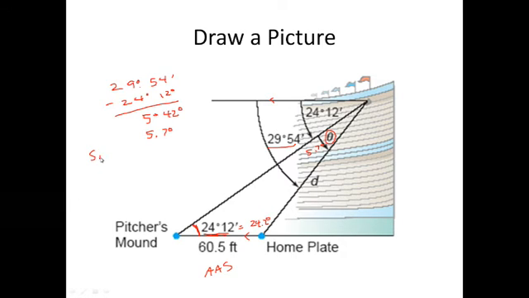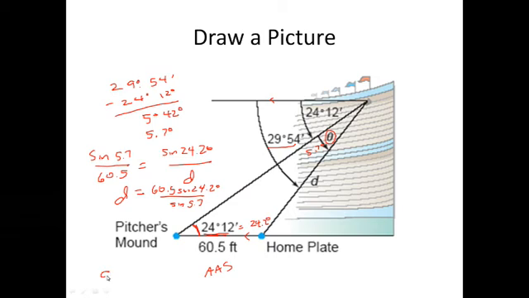So I'm going to get sine of 5.7 over 60.5. Now what am I looking for? I'm looking for D, so the angle opposite I know is 24.2. So I can get that equal to sine 24.2 degrees over D. So D is going to equal 60.5 sine of 24.2 all over sine of 5.7.